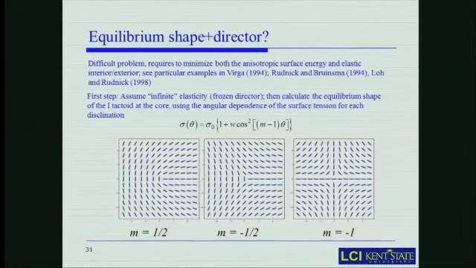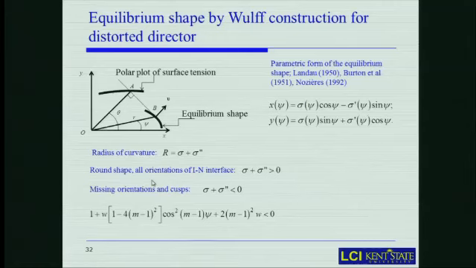So we decided as the first step just to consider what would happen if we would freeze the director field and then create a blob of the isotropic phase and minimize the interfacial energy, taking into account that the surface tension for different orientations of the director is different. And this is nothing else but the well-known Wulff construction that is used to predict the shape of crystals.